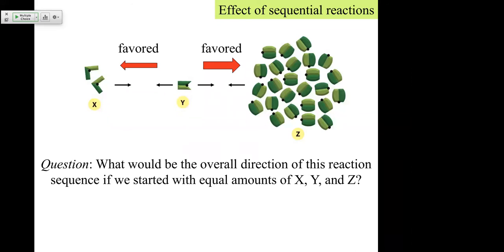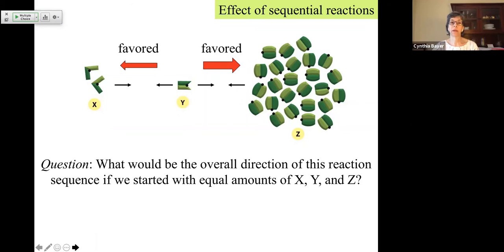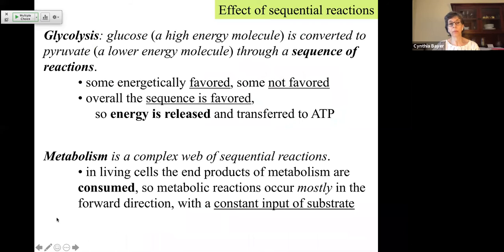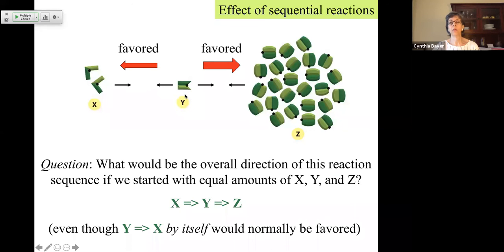Left to right. It would be from X to Y to Z. Right? Remembering that some X can always be converted to Y, though the favored direction of this reaction all on its own is Y to X. But every time a Y is available, it will be greatly favored to be converted to Z. So we would end up at equilibrium having more Z than the other components.